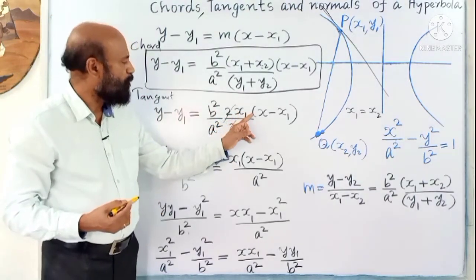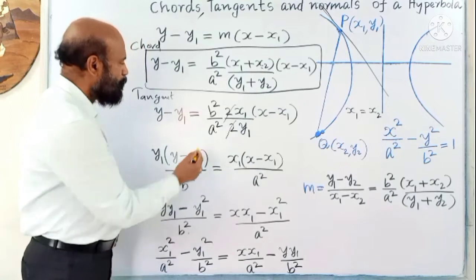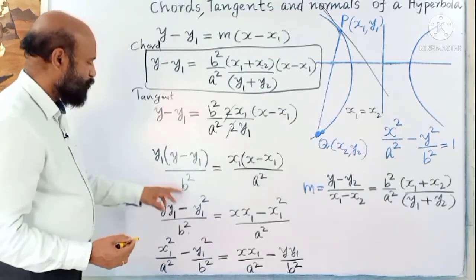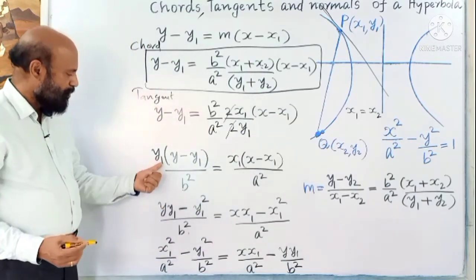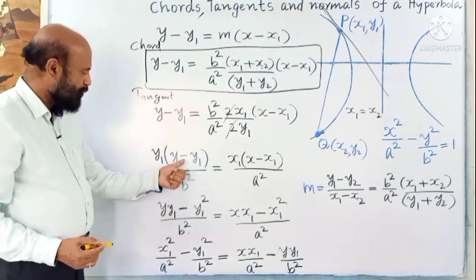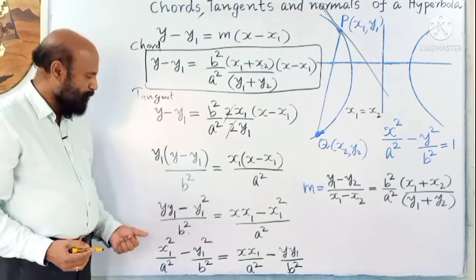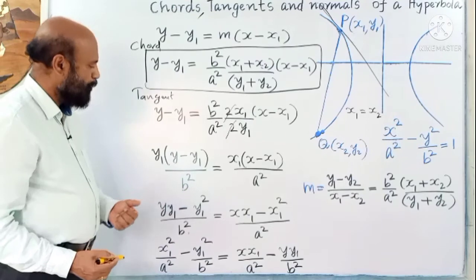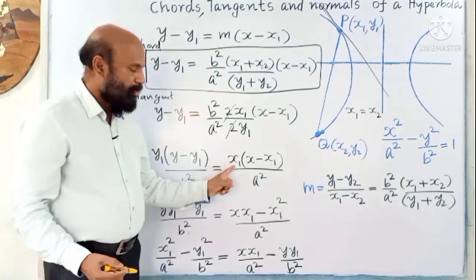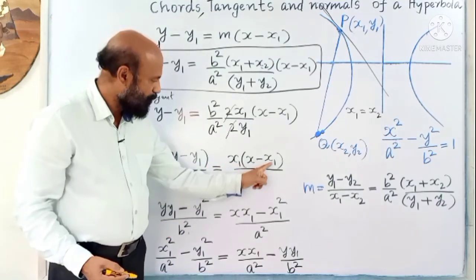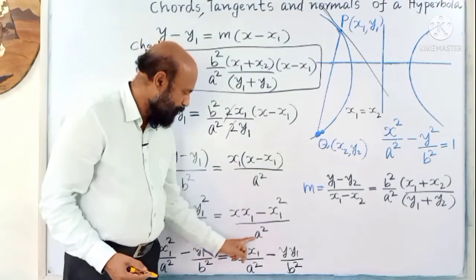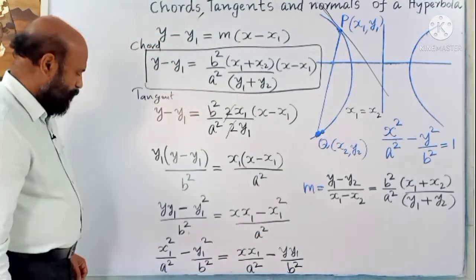Then x1 into x minus x1 by a square. Remove this bracket. y1 minus y1 square all divided by b square. x1 minus x1 square all divided by a square.